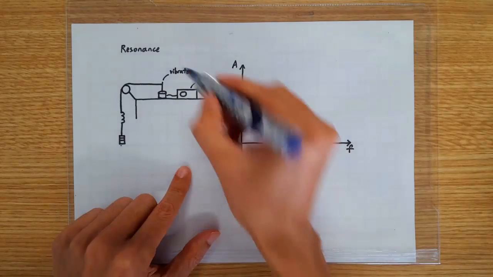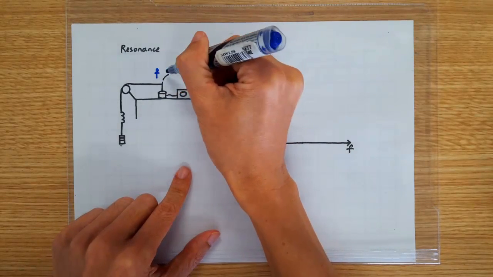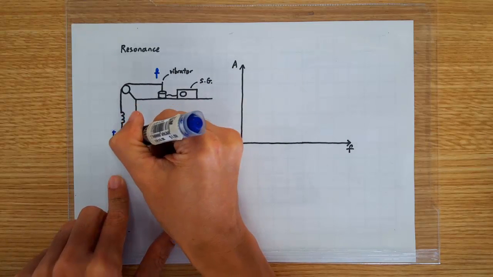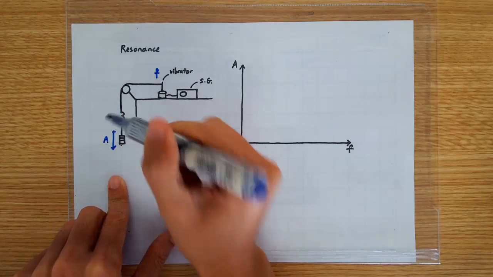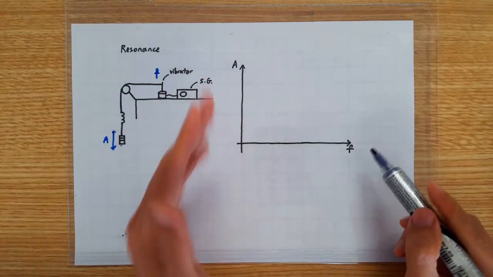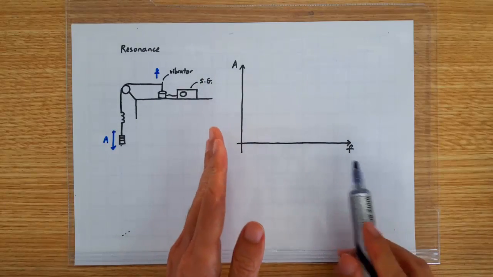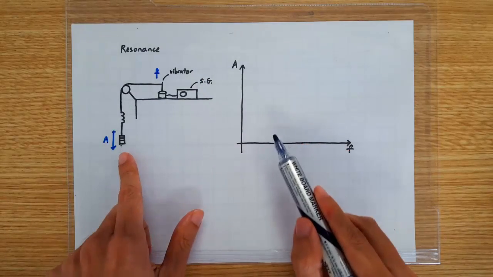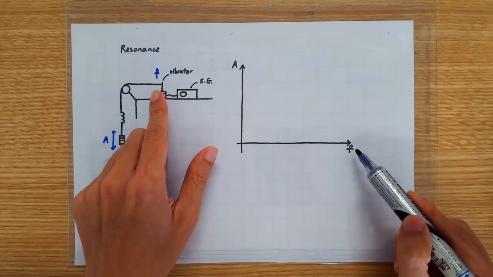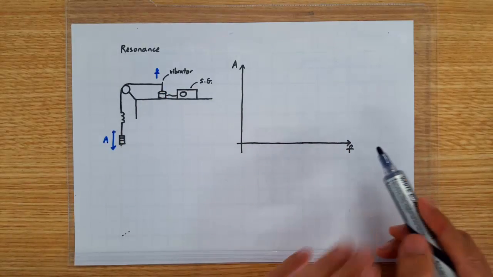Depending on the frequency of the driver, the forced oscillation is going to attain different amplitudes of oscillation. So this is what the resonance graph is all about. It's trying to plot the different amplitude attained by the forced oscillation at different frequency of the driver, the so-called periodic driving force.